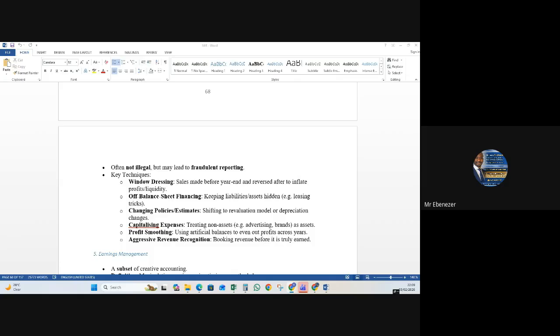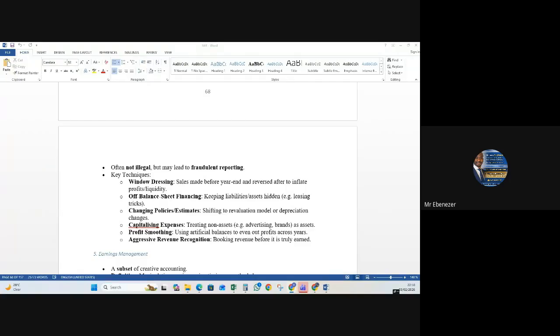Now, some of the things they do, just like what he said, they can window dress, whereby sales made before the year end are reversed so that you can inflate the profits and liquidity. Then they can have off balance sheet financing, whereby you keep liabilities and assets hidden. Some standards allow you to keep some assets and liabilities and not disclose them.